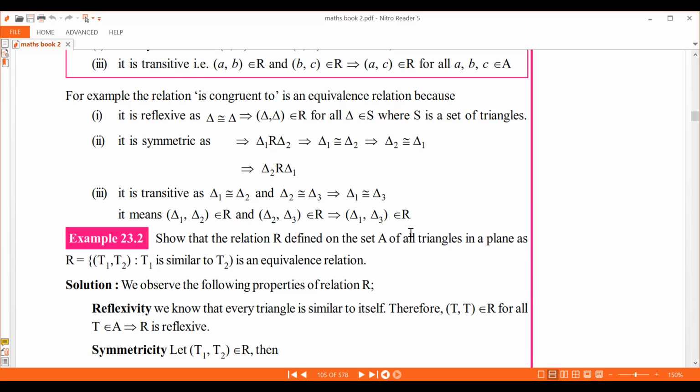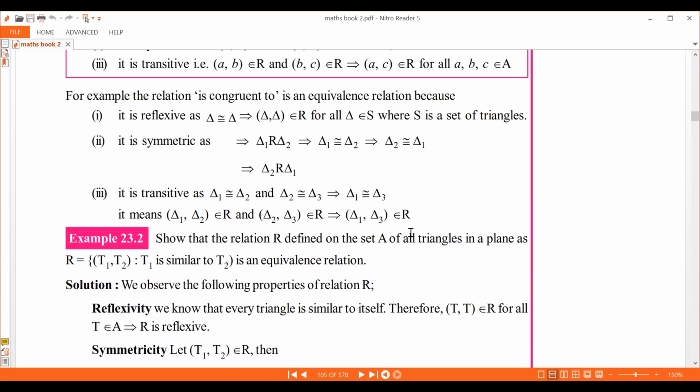There is another word for this, when sides of a triangle and angles are equal. That is called congruent.